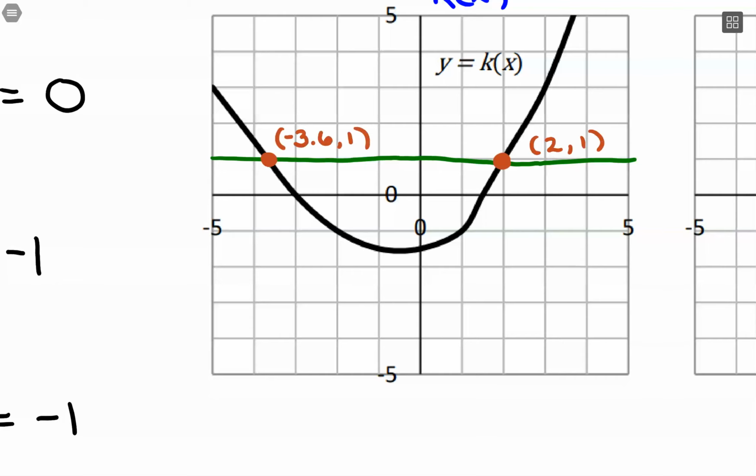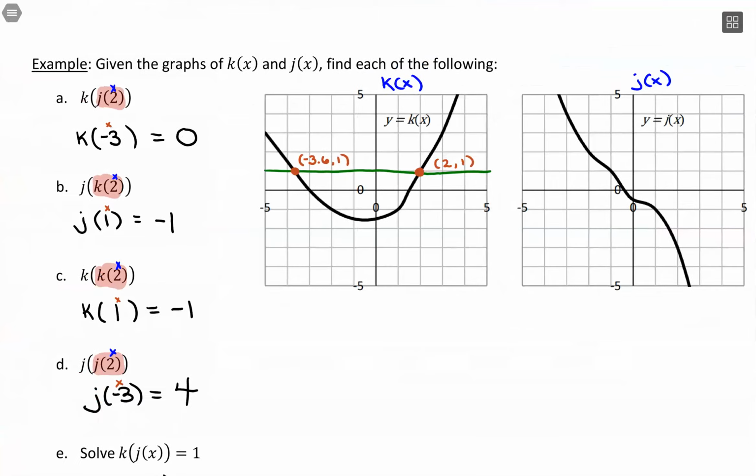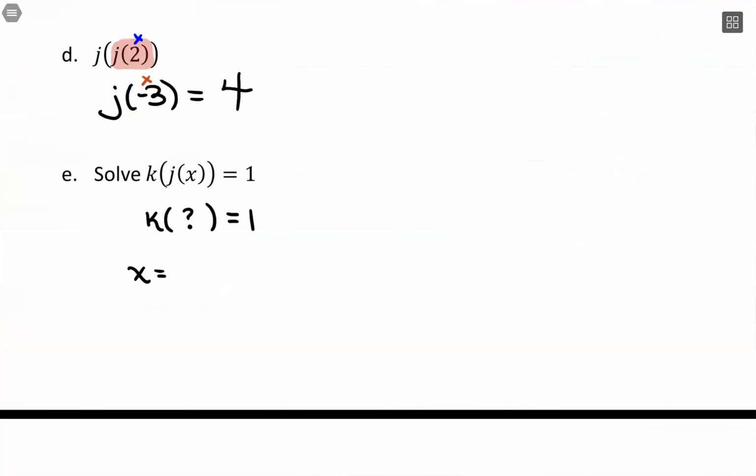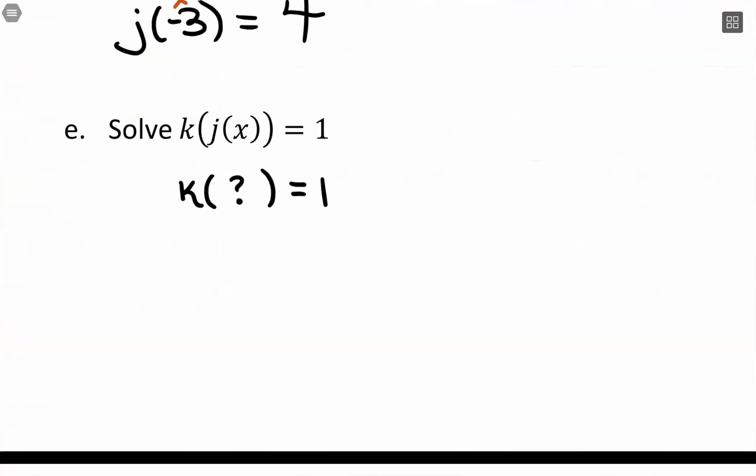So we get these two x values that work, negative 3.6 and 2. We know that we have this output of positive 1 if we plug in negative 3.6 for x. If we plug in positive 2, you get a positive 1 out.